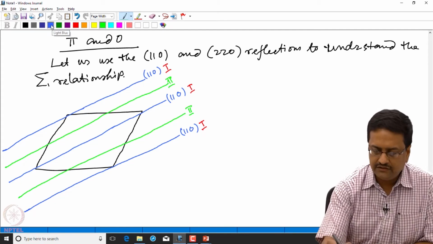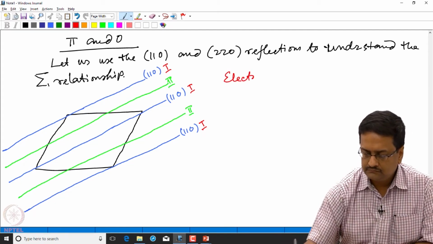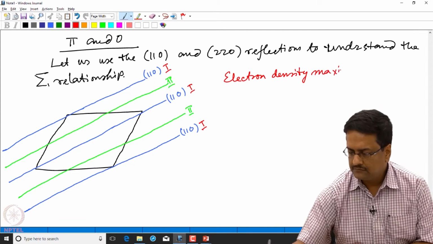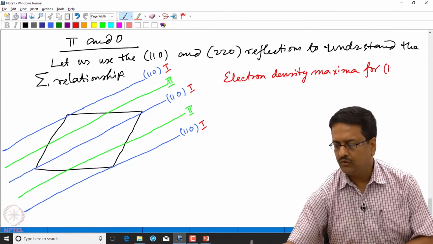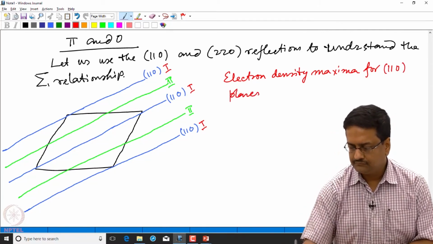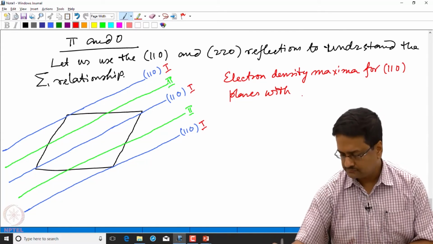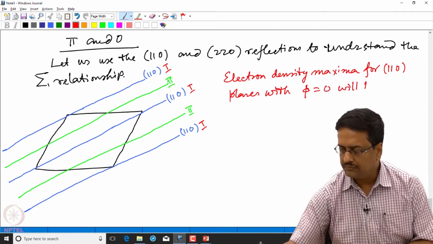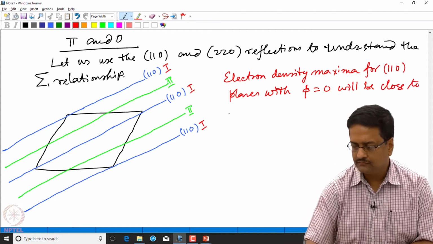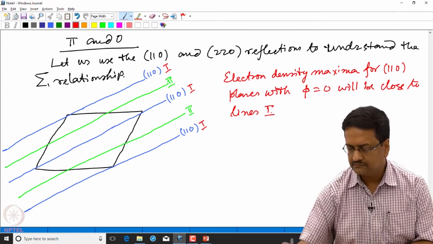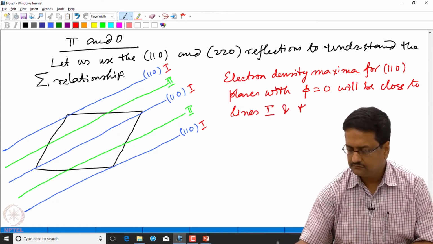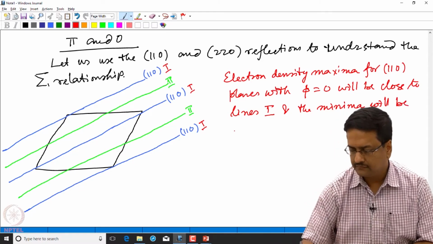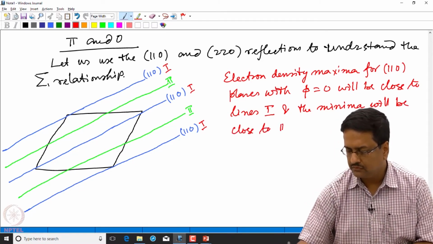So the electron density maxima for 110 planes, with, we assume, the phase phi equal to 0, will be close to lines 1 and the minima will be close to 2.